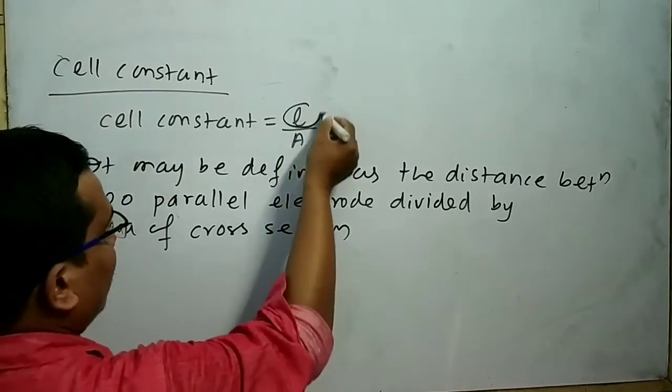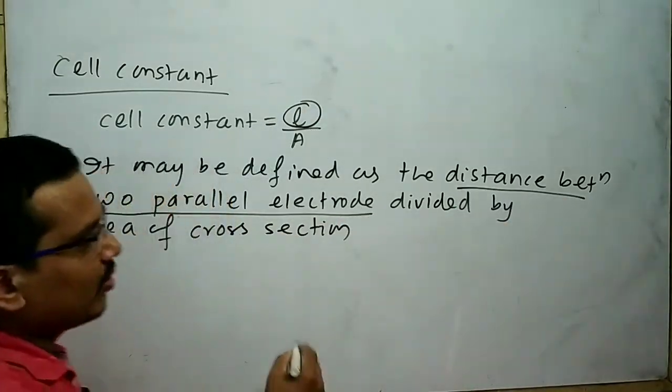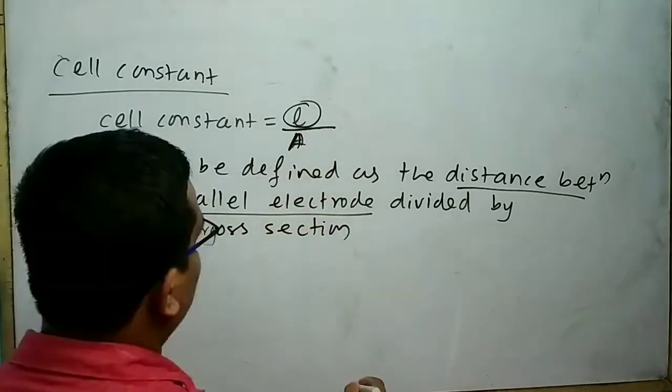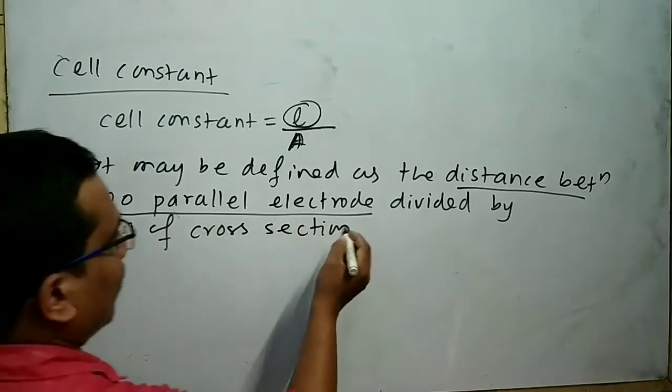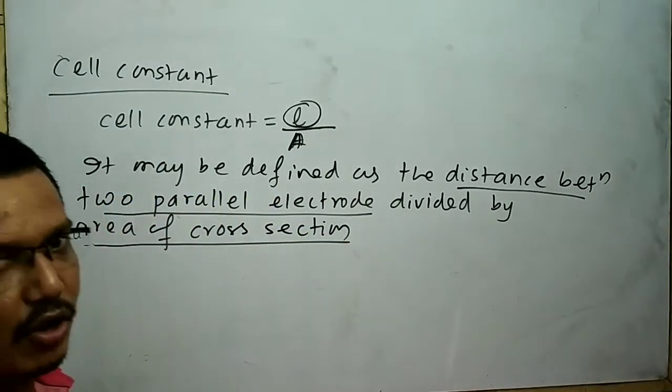This is your distance between two parallel electrodes, and this is divided by A. A means your area of cross section of an electrode.